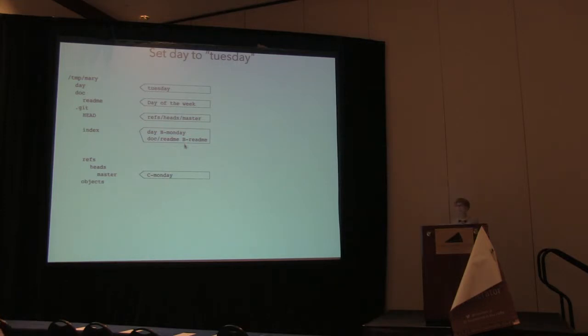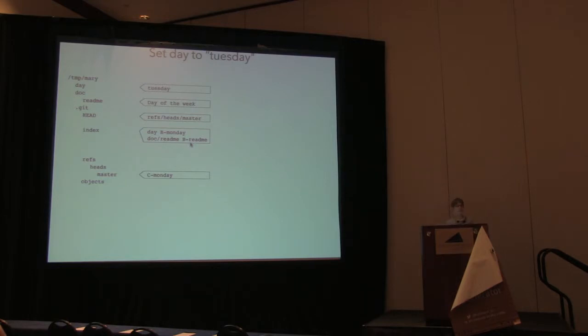And the index represents every file we care about in our repository. So we can see we've got two entries. We've got one for the day file and one for the readme file, which makes sense, right? Because those are the only two files in our repo that we care about. This is the index from Monday, though. So we can see that the day file says b-Monday for our hash for the blob for Monday, and then the readme hash is there too.